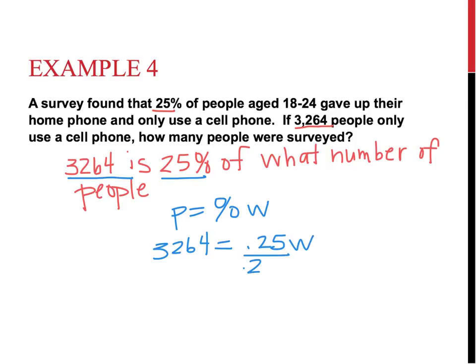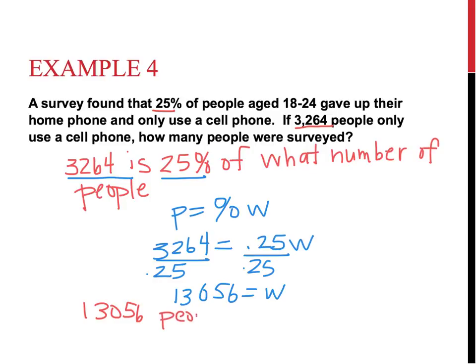So we divide by 0.25, and we get 13,056 is equal to W. So we can say 13,056 people were surveyed.